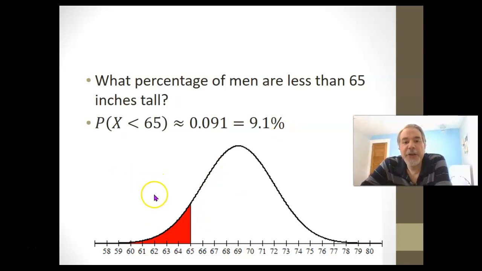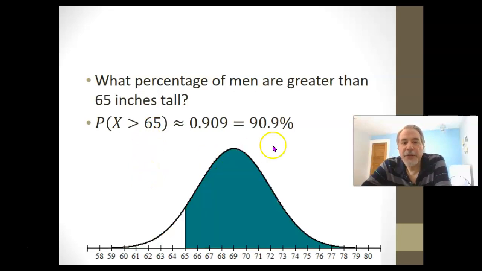So that means that about 9.1% of all U.S. adult men are less than 65 inches tall. And then the other 90.9% of them are greater than 65 inches tall.